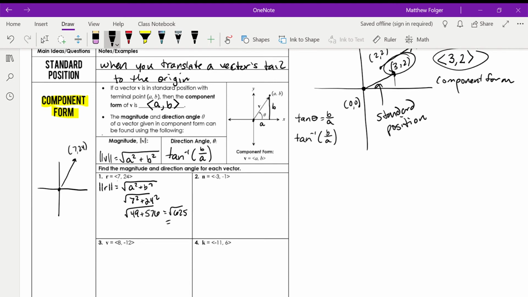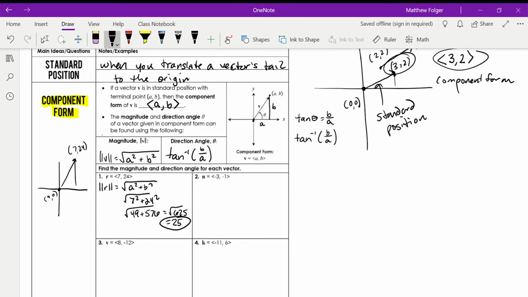The square root of 625 is 25. So that's the magnitude of that vector, or the length of the line. Again, if you wanted to do a squared plus b squared equals c squared for that, you could. Or you could do the distance formula with one side being (0, 0). That would work also, but this is a little bit quicker.